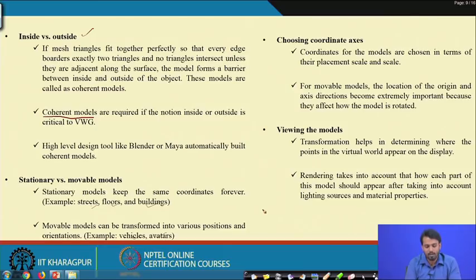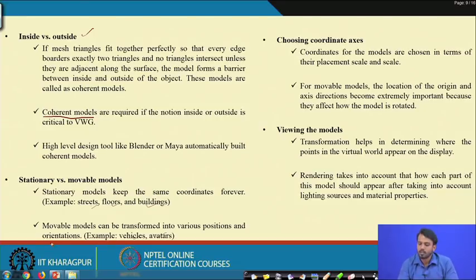Another property of movable models is that if you provide physics to them, their movement can be taken care of with the laws of physics, the rules and principles of physics.